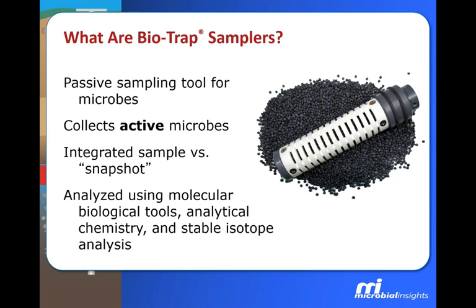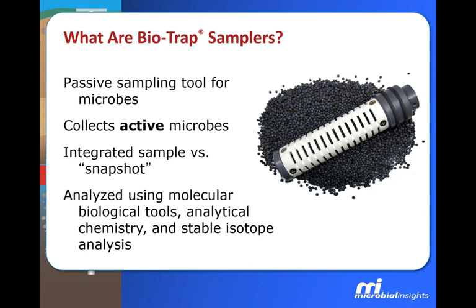Passive in that primarily we might deploy a biotrap in the groundwater monitoring well, but when we deploy that biotrap in the groundwater monitoring well, we simply leave it there typically for about 30 days or so, and then retrieve it for analysis. There's no care and feeding that goes on during the incubation period. It's simply there, and that's why we refer to it as being passive.